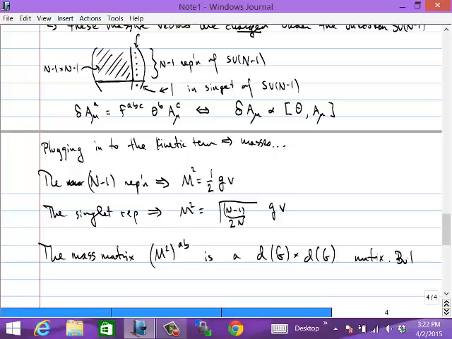But it has a lot of zero eigenvalues. It has the dimension of the group H zero eigenvalues, where H is the group of unbroken symmetries.